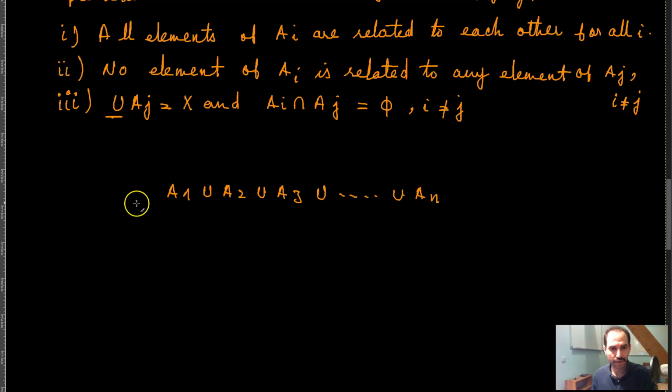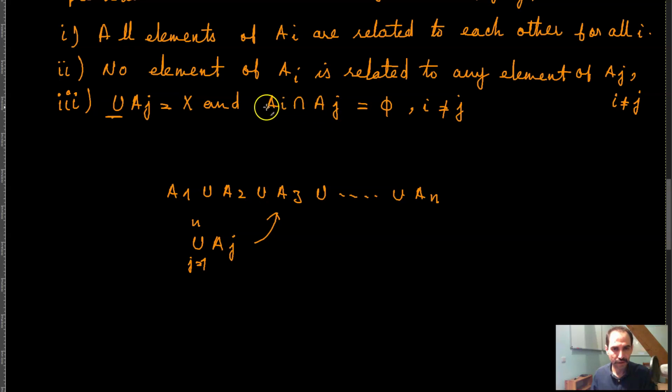When you want to write it in a more compact way, you write it as union of A of j, as j goes from 1 to n. That's the exact same thing. So when you say union of A of j is equal to X, that means that all the subsets or all of the partitions of X, when you take the union of all of those sets, that's equal to X.